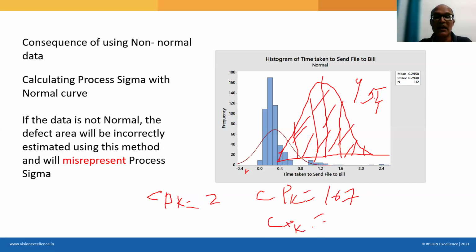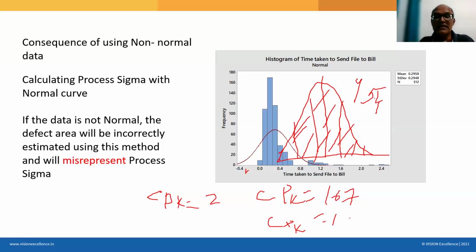That means CPK is 1 means how many sigma are you? You are at the 3 sigma limit. When the CPK is 1, you are at the 3 sigma level. Now, how do you interpret it? CPK is 1 means what is the conclusion?